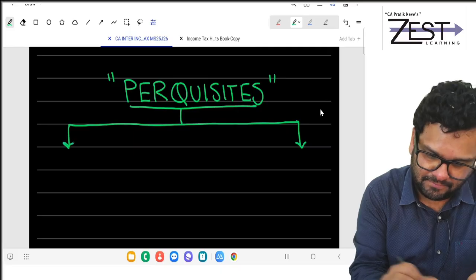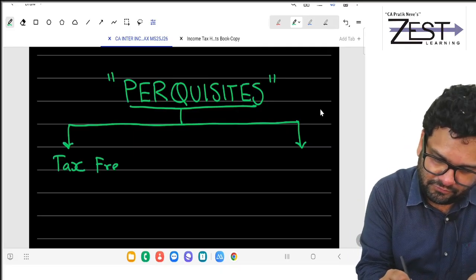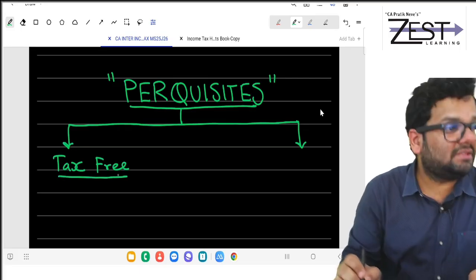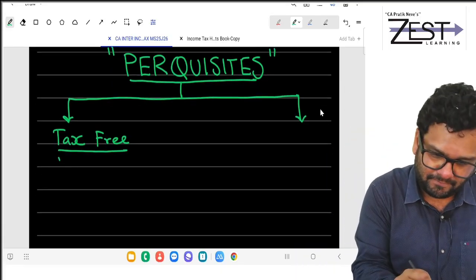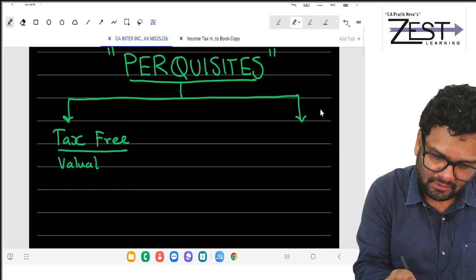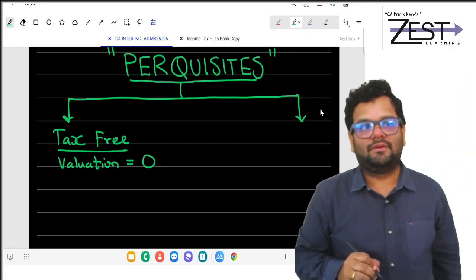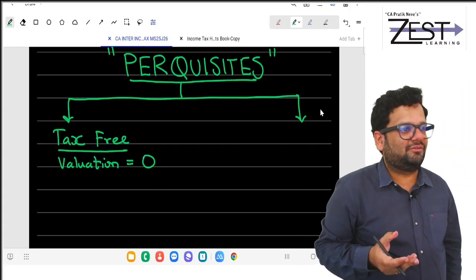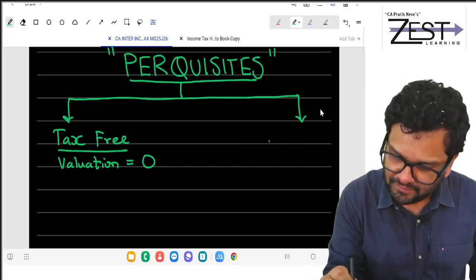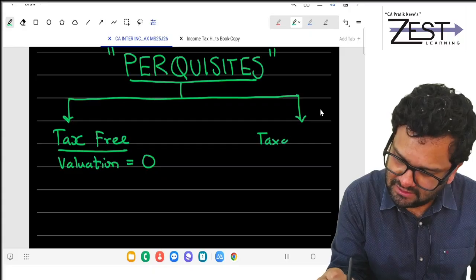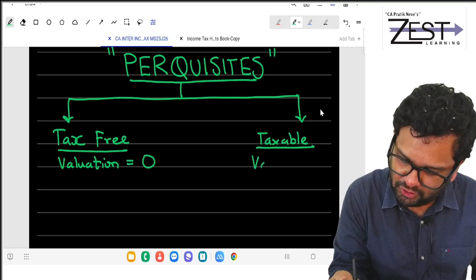One is tax free. Tax free perquisites will have what value? Needless to tell you, their valuation will be zero. So the government is kind enough to tell you some perquisites are tax free. Other perquisites are taxable.